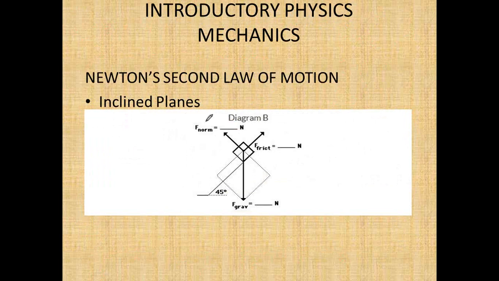So the normal force again. So let's do the force due to gravity first. The force due to gravity is equal to the mass. The mass was 100 kilograms, and the acceleration due to gravity is 9.8.